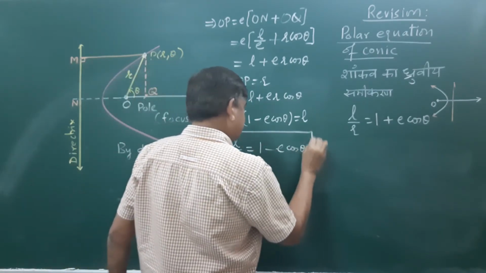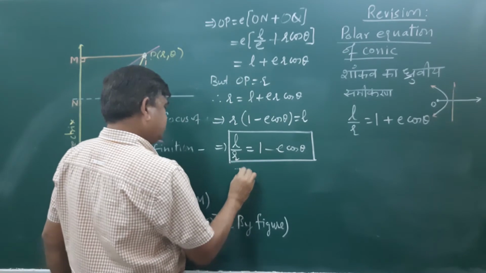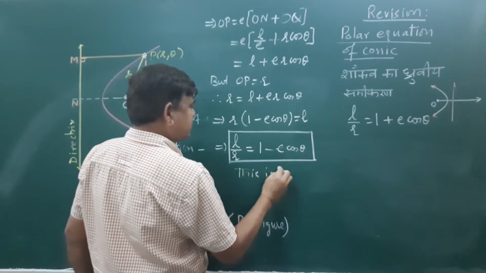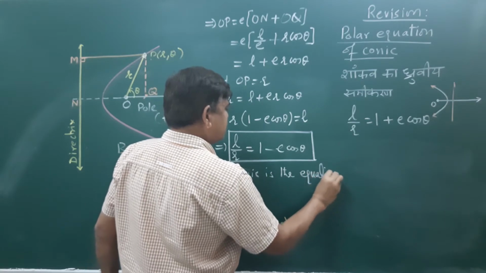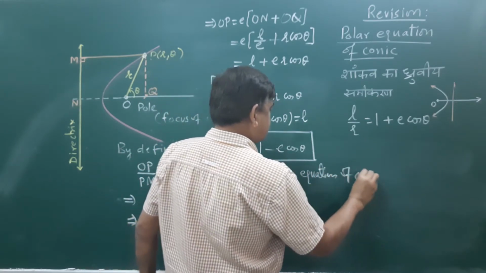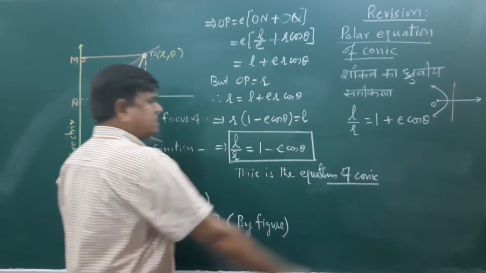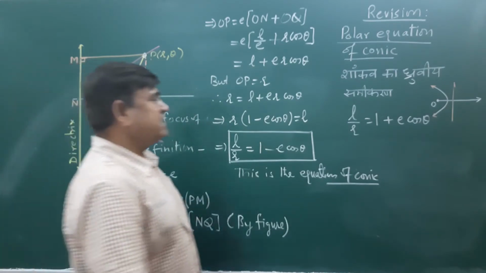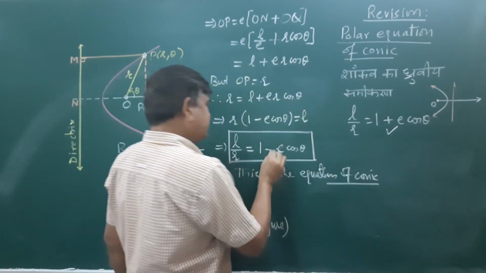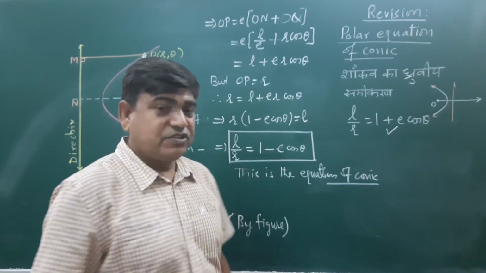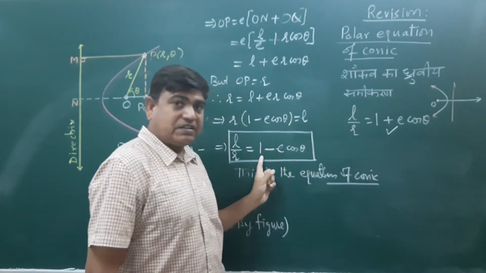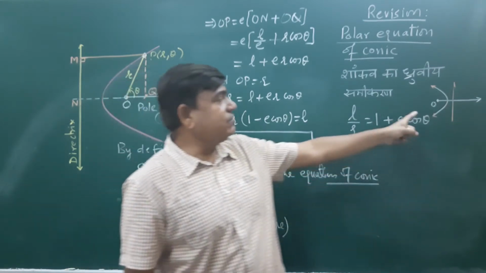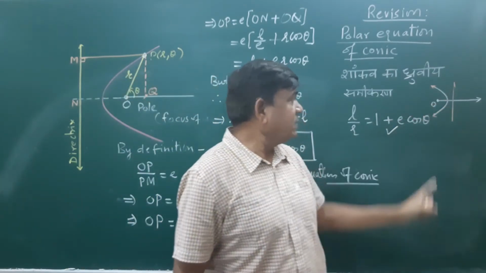This is the equation of the conic. Okay, so here it is plus sign, here it is minus sign. So both are the equations of the conic. What is the difference? The difference is of the direction only.